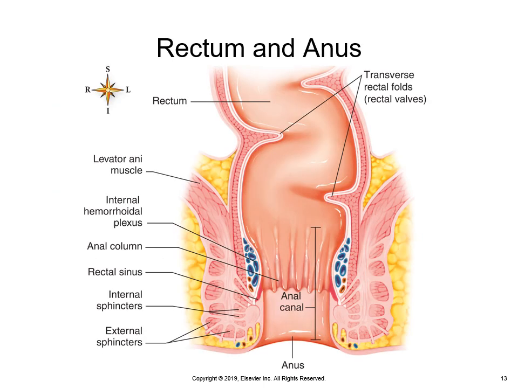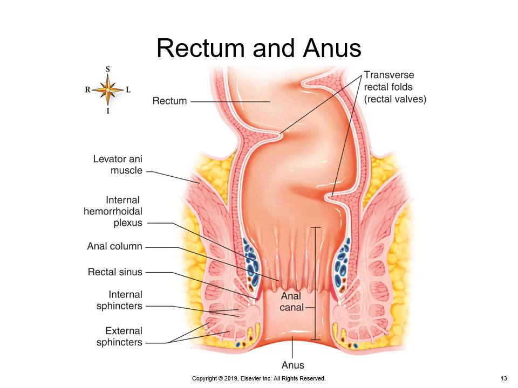All right, now this is your visual slide that gives you that detailed diagram of the rectum and also the anus, again highlighting the key structures that are involved in waste storage, also elimination, and also continence control.